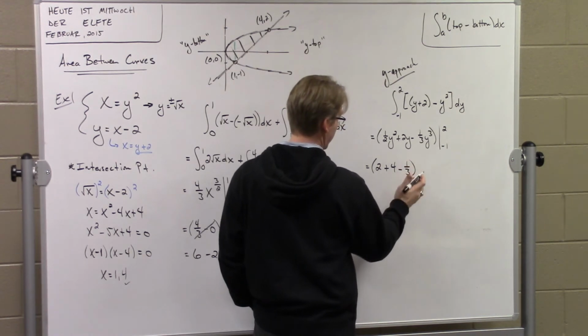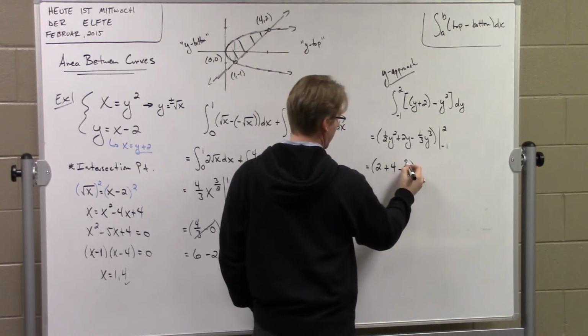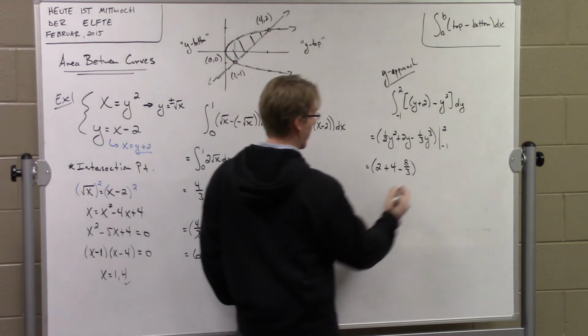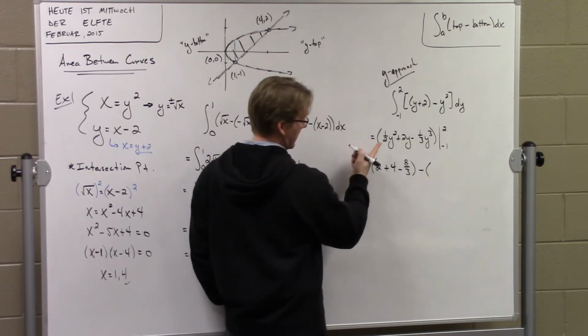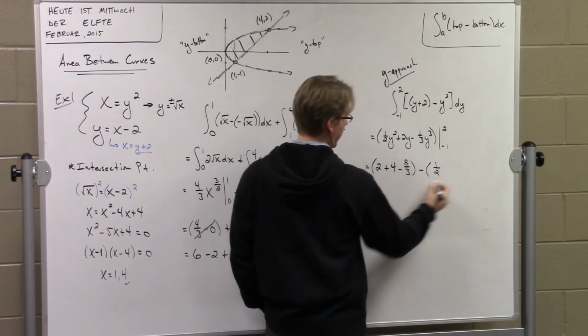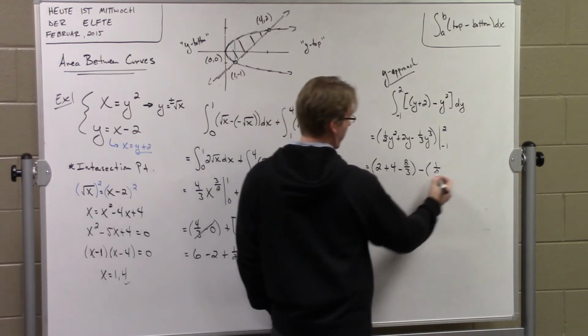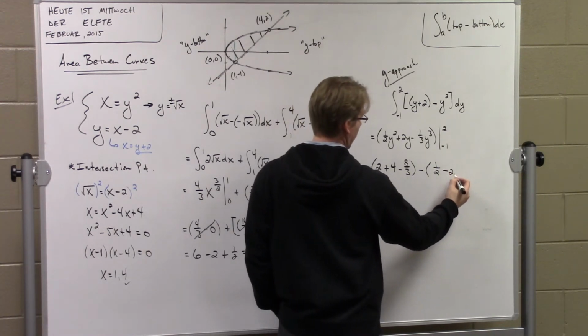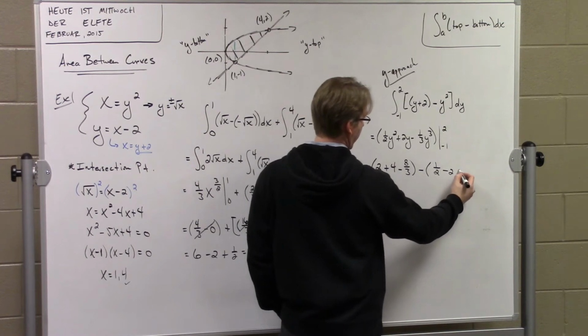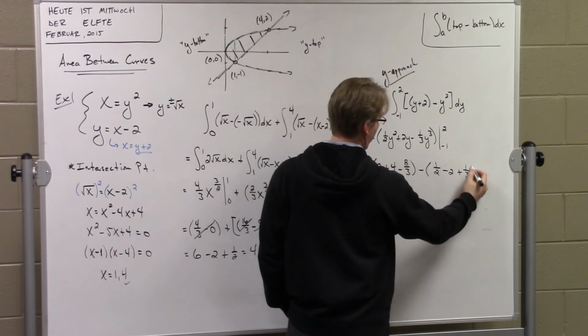No, not 1/3, what's wrong with me? 8/3. I think that's right. Okay, minus, stick in -1, we get 1/2. Stick in -1, we get -2. Stick in -1, we get positive 1/3.